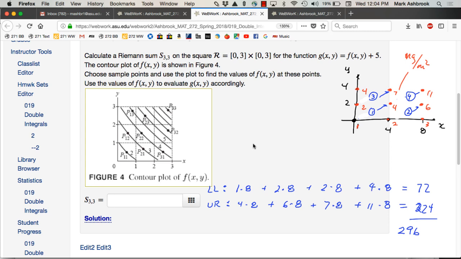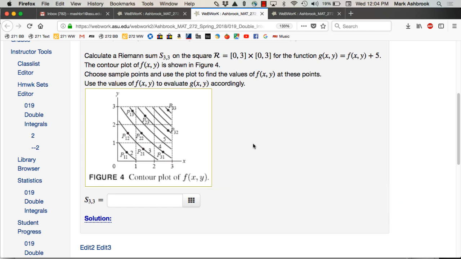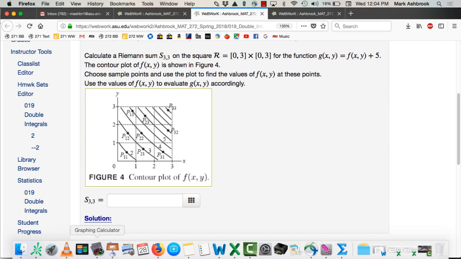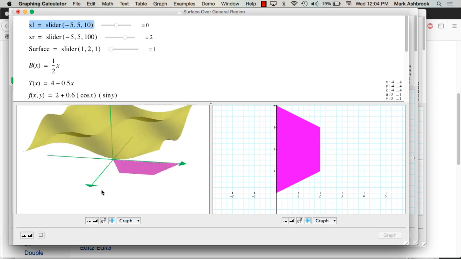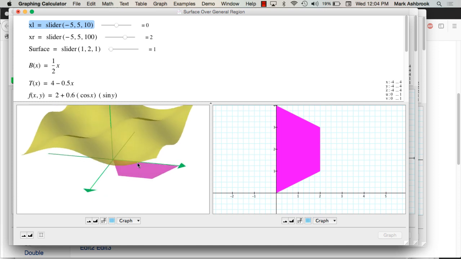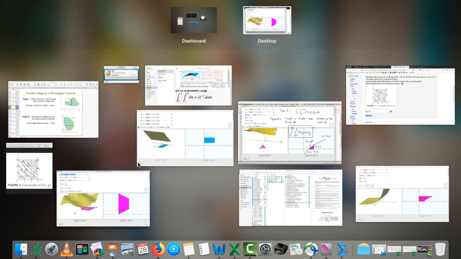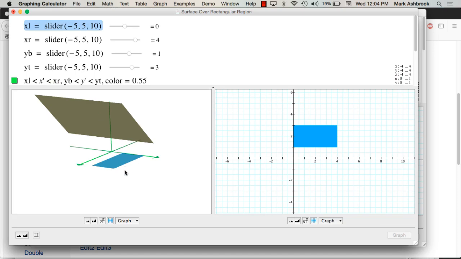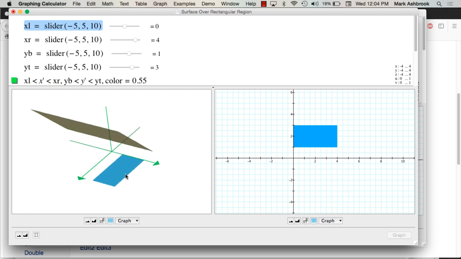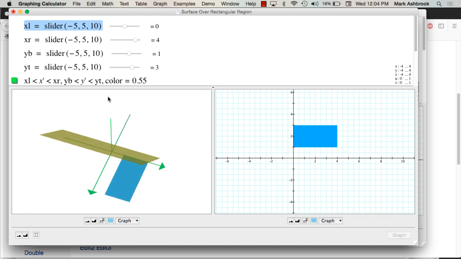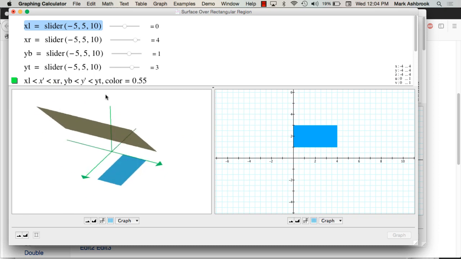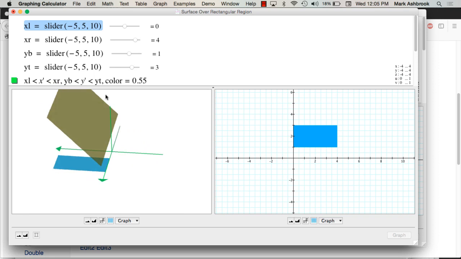Other questions? Okay, so let's look at this example here. We want the surface we're interested in, the gold one, which is actually x plus 1. So that's z equals x plus 1.